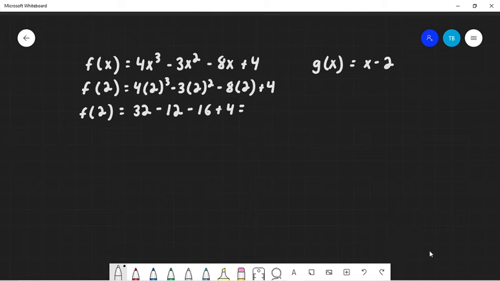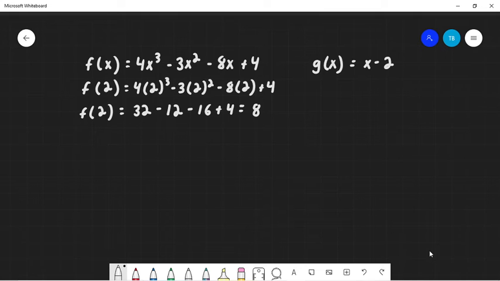So let's evaluate that. 32 minus 12 is 20 minus 16 is 4 plus 4 is going to give us 8. So when we divide f of x by g of x here, our remainder is 8. So since the remainder is not 0, then we know that g of x, which is x minus 2, is not a factor of f of x.